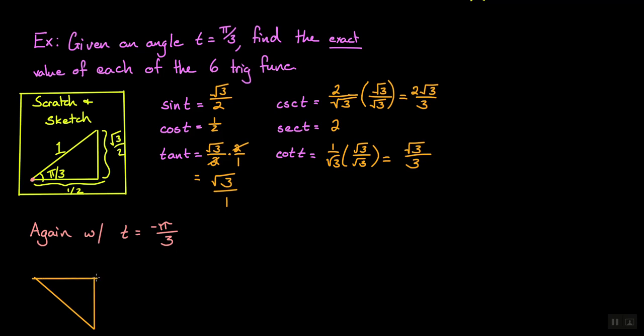Now, if we think this out, if this is negative pi thirds instead, are these two triangles like the same shape, same size? So if all we had to do was flip it over the x-axis, what would this be? Whoa. Negative root 3 over 2? And then this distance would be positive 1/2, right?